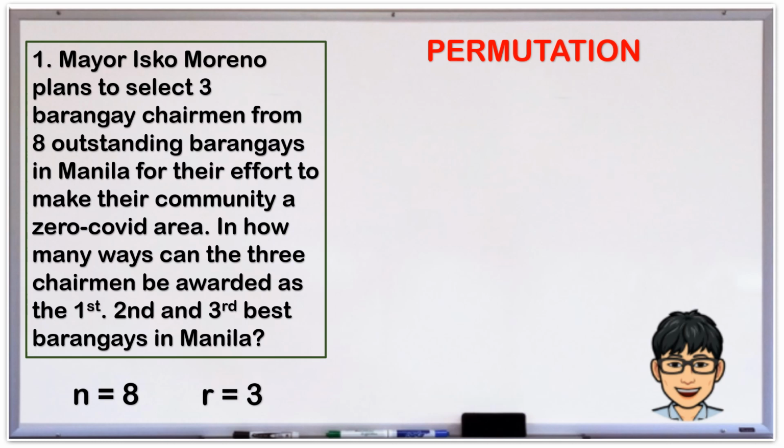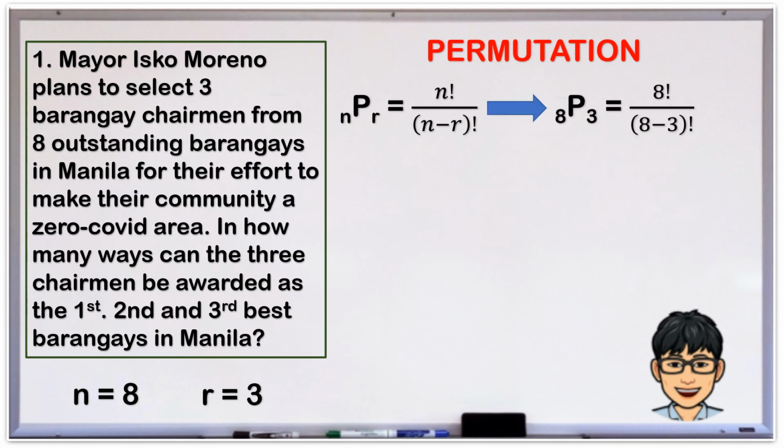Using the formula n permute r equals n factorial divided by the quantity of n minus r factorial, then we have 8 permute 3, and that is equal to 8 factorial divided by the quantity of 8 minus 3 factorial, which is also equal to 8 factorial divided by 5 factorial.